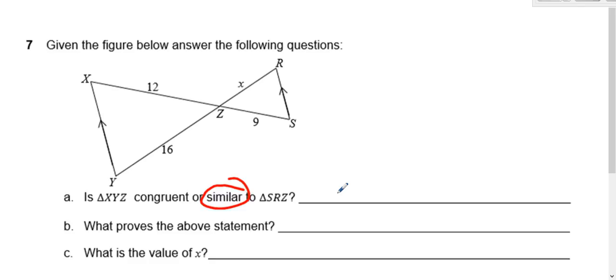The reason is we have these parallel lines right here, which means if you trace out the Z shape for alternate interior angles, you get those two angles are congruent. You can trace out the other Z shape to get the other two, or you can use vertical angles right here. So we have two angles congruent, which means all three angles are congruent, so it's angle-angle similarity.